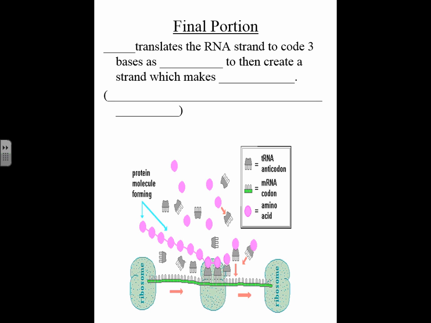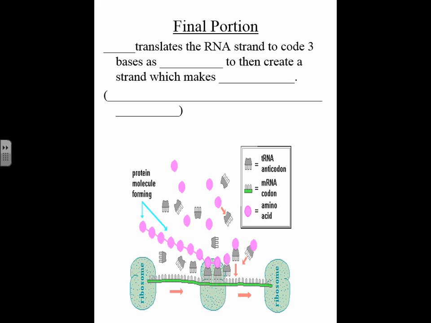So now it's going to take something like UCG, and it's going to recode it, so the U will no longer be a U, but now a T. It's going to code it to 3 bases. Those 3 bases are now understood to be one what?